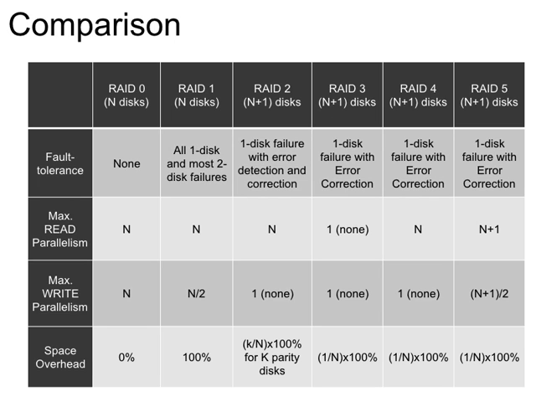So in RAID 2, if you have k parity disks, then the overhead is k by n times 100. For RAID 3, 4, and 5, you have one additional parity disk. In RAID 5, the parity information is distributed across all disks, but it's equivalent to having a single parity disk. So in all these cases, you have 1 by n times 100% overhead.